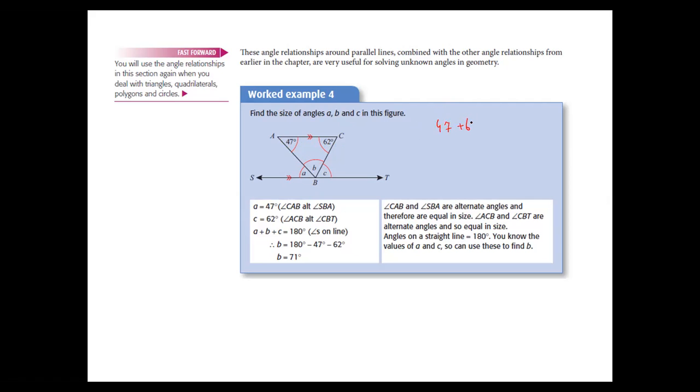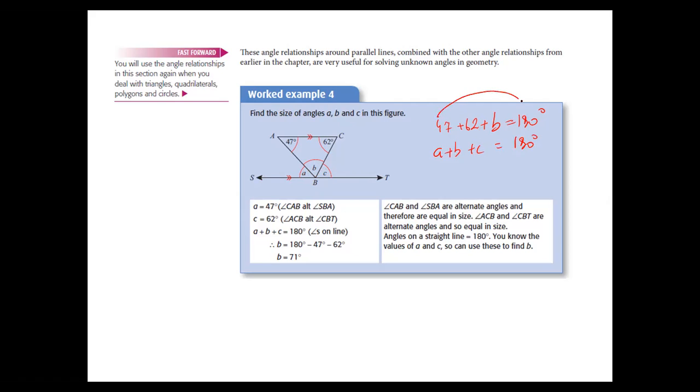So 47 plus 62 plus the third angle of the triangle, B, is equal to 180 degrees. That's the first way. And the second way, if it's a straight line, then the angles are supplementary, so they must add up to 180 degrees.